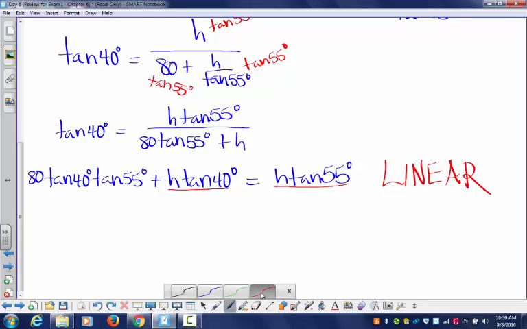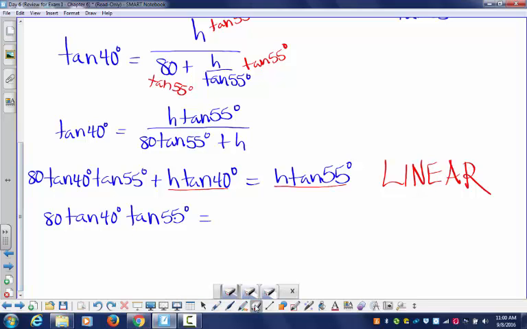I've got to get those on the same side so that I can consolidate and have a single h. So let's do it this way. I'm going to leave this 80 tan 40 tan 55 alone. And we'll move the h tan 40 to the other side.